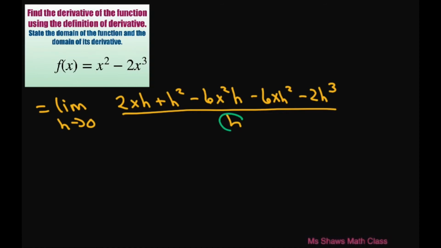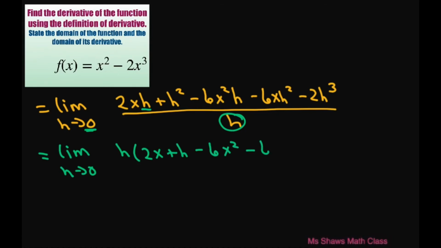And to get rid of this h here, because this is the problem, you can't divide by 0, let's factor out an h. So we have the limit as h approaches 0. You factor out an h, you're going to get 2x plus h minus 6x squared minus 6xh minus 2h squared, all divided by h. Now what happens is this cancels.